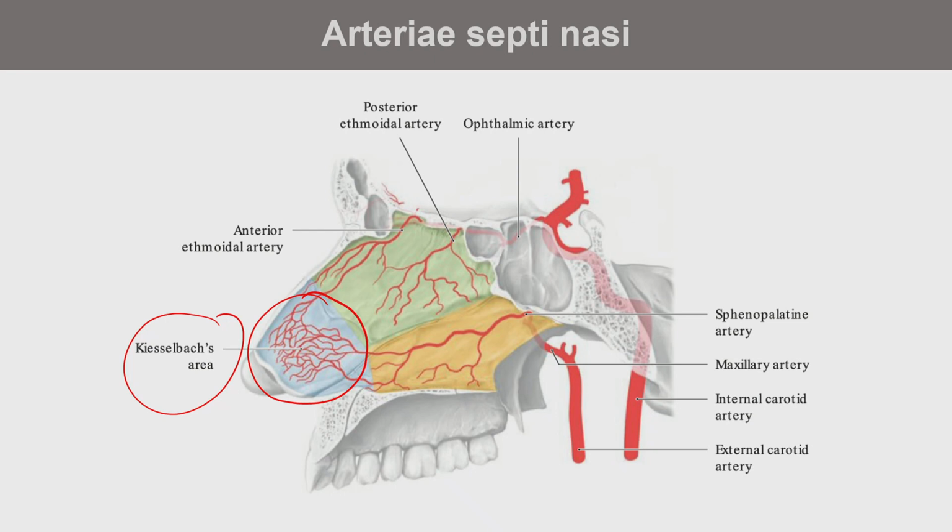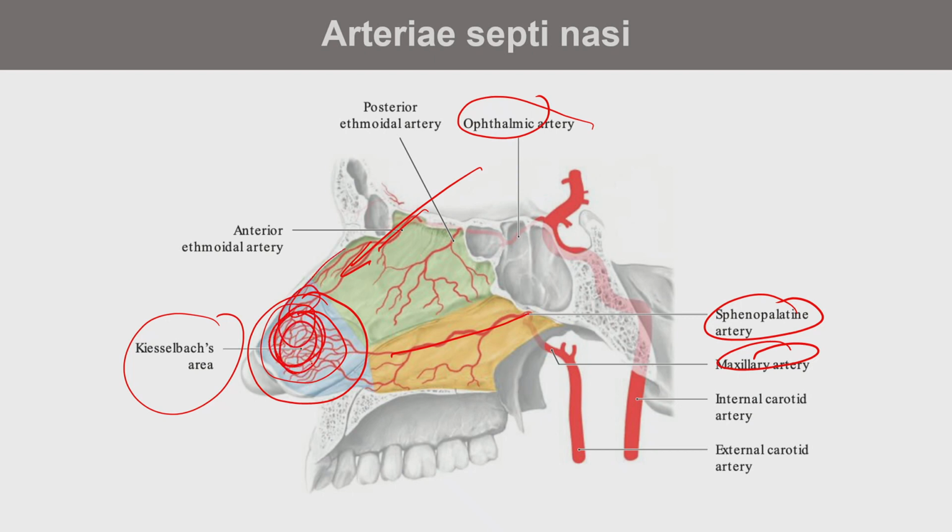Locus Kieselbachi is in the region of a cartilaginous part of a septum where are anastomotic reticulations of arteries which have territory from sphenopalatine artery, from maxillary artery, so sphenopalatine, and then from ophthalmic artery, from anterior ethmoidal artery typically.